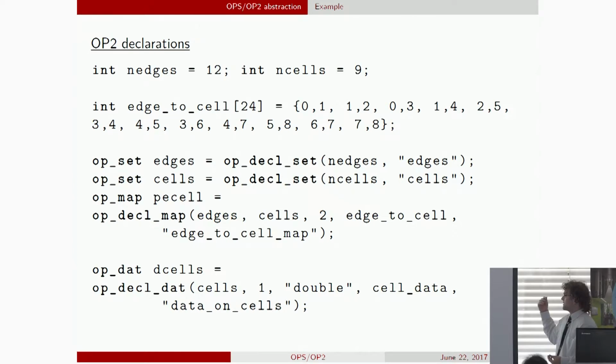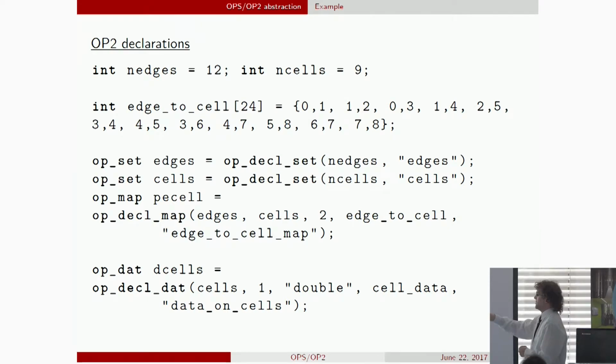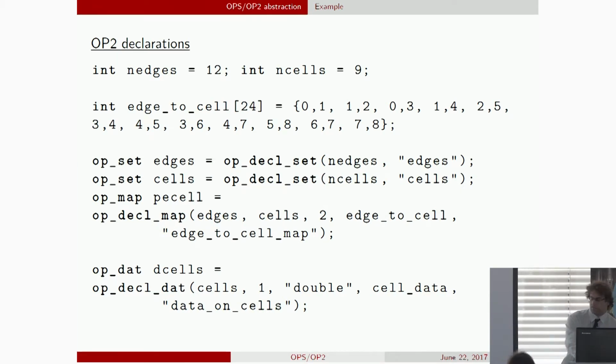We create the array which tells the connectivity information, and then we tell the library that there will be a set called edges, there will be a set called cells, and there is a mapping between edges and cells. Every edge has two neighboring cells, and then a name for this mapping.